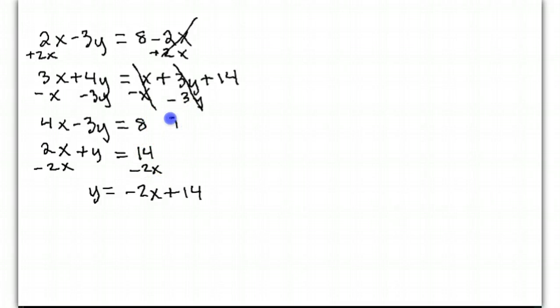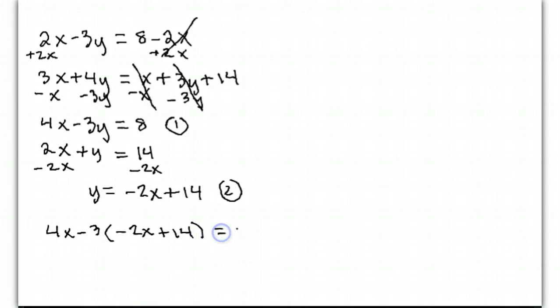So this is my first equation here, not to lose track, and this is my second equation here. So if y is equal to negative 2x plus 14, then the other y in the first equation is equal to negative 2x plus 14. So what I have is 4x minus 3, open parentheses, negative 2x plus 14, close parentheses, equal to 8.